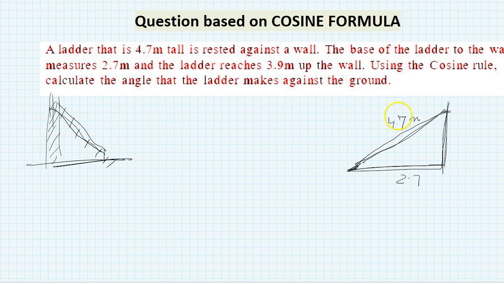This is 4.7, and the base of the ladder to the wall is measured 2.7 centimeter, and the ladder reaches 3.9 up to the wall. So this is 3.9. Using the cosine rule, calculate the angle that the ladder makes against the ground. So this is the ladder and this is the ground, so we have to find this angle.